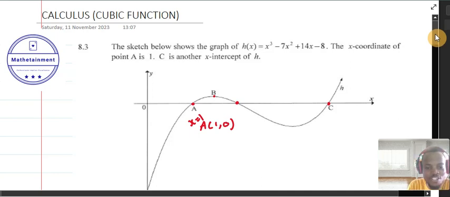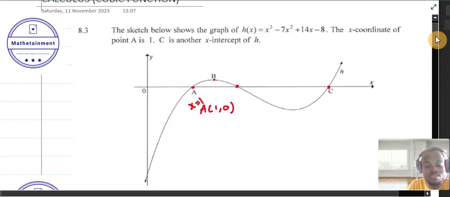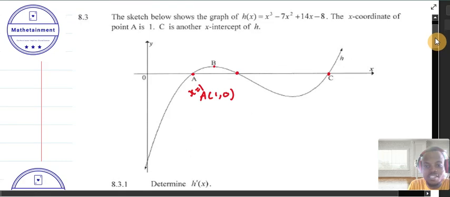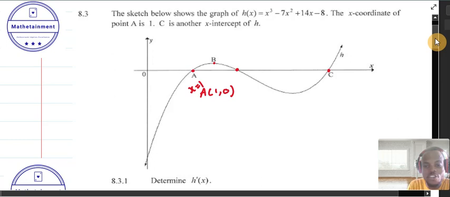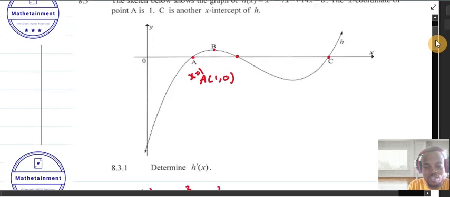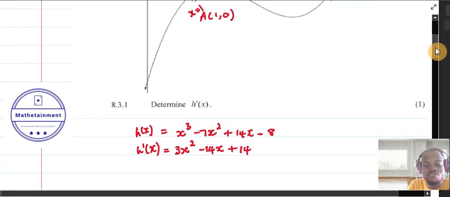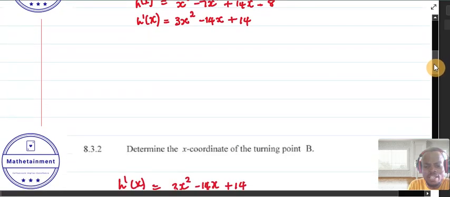the given function once. It's just h prime of x, which is the first differentiation of the given cubic function. You differentiate that once, and then you find the stationary point.